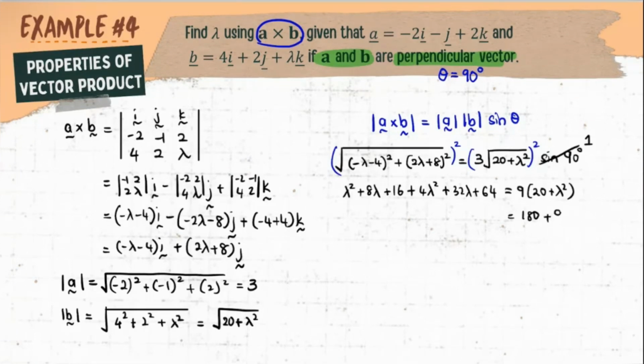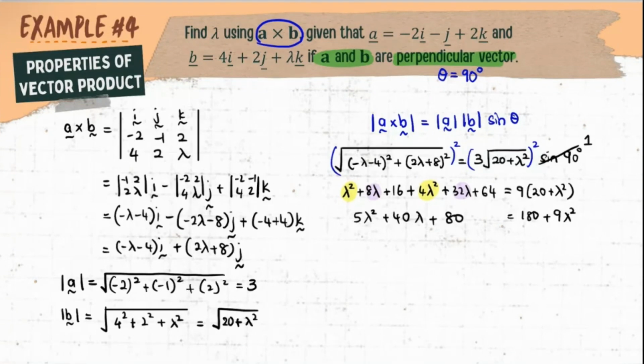Okay, so 180 tambah 9 lambda squared. Sini pula saya ada lambda squared, sini dapat 5 lambda squared. And then we have 8 tambah 32, 40 plus 16 tambah 64, 80. Okay, kita akan samakan dia dengan kosong.